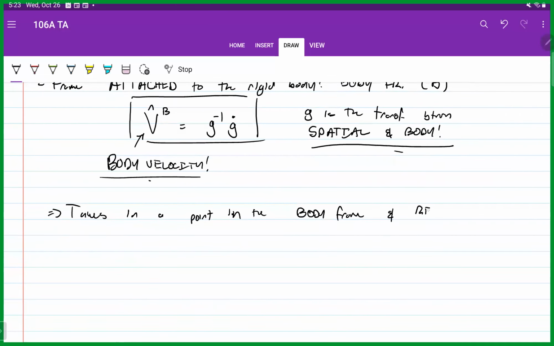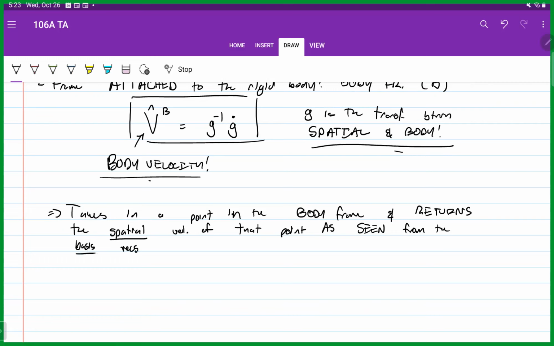It returns the spatial velocity of that point, as seen from the basis vectors of the body frame, okay?